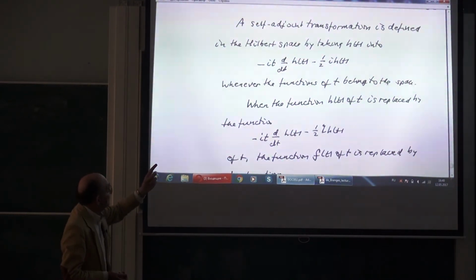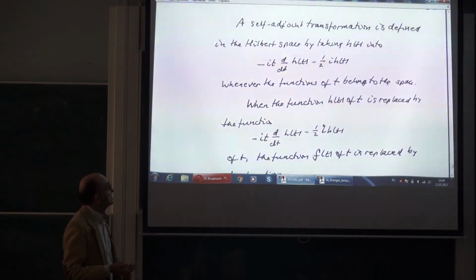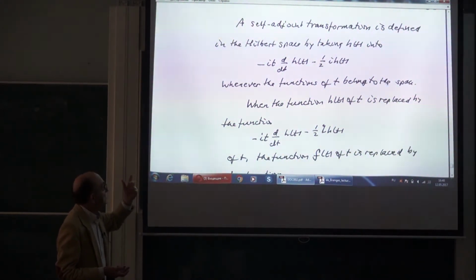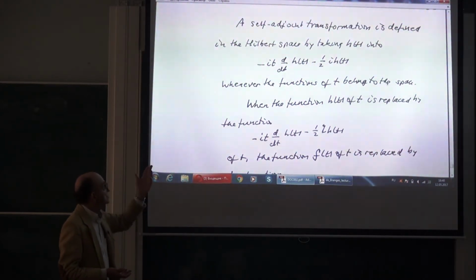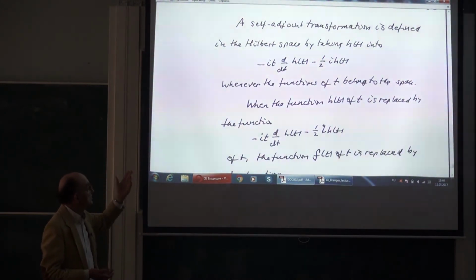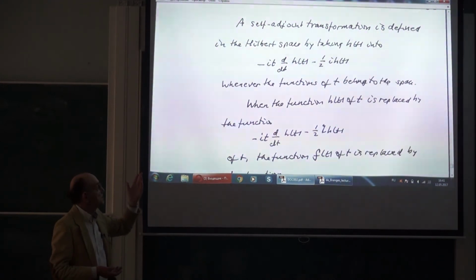You have to have a 1/2 h of t because it's a weighting factor in the group. And then you need a factor of i to make a self-adjoint transformation according to the theory of the generation of a semigroup. I could have also put in a positive i and a positive 1/2 i. I made this negative choice because it works nicely in the formulas that come.